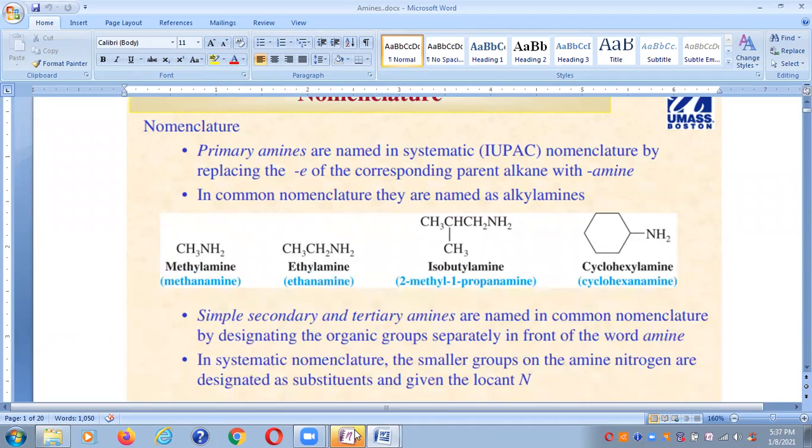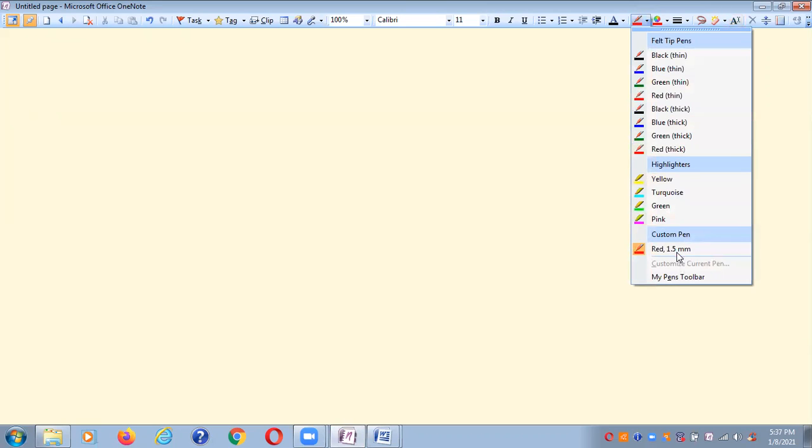First, what is a functional group? What is the formula of the functional group of amines? Generally, the alkyl part which is connected with an NH2 group is known as an amine. Any alkyl part. We denote the alkyl part as R, and if it is connected to NH2 then it is considered an amine.